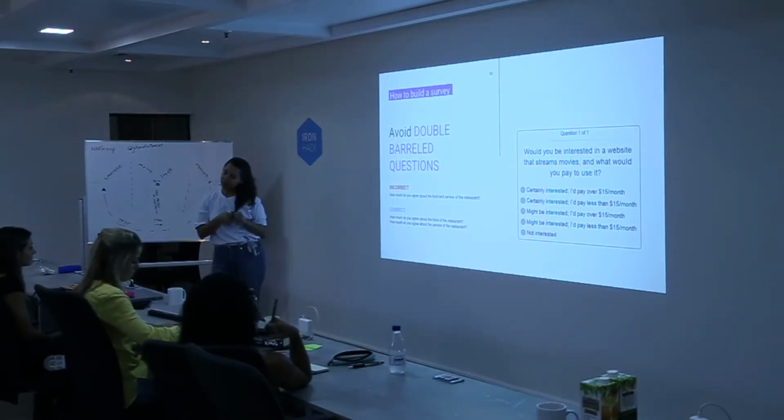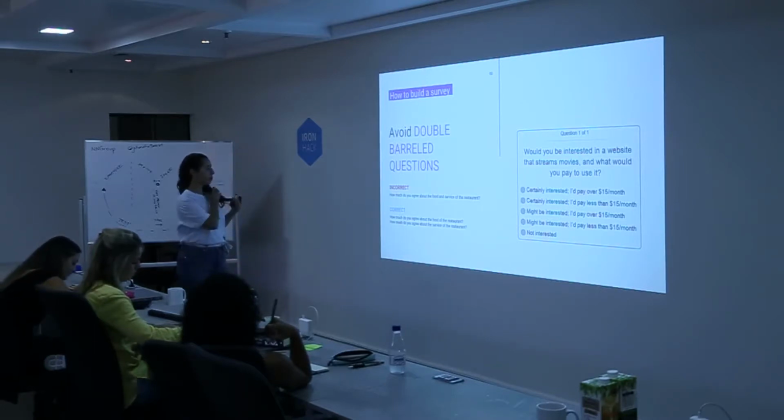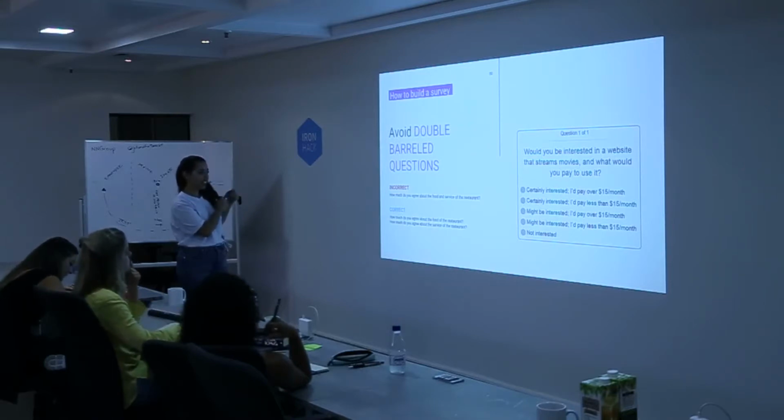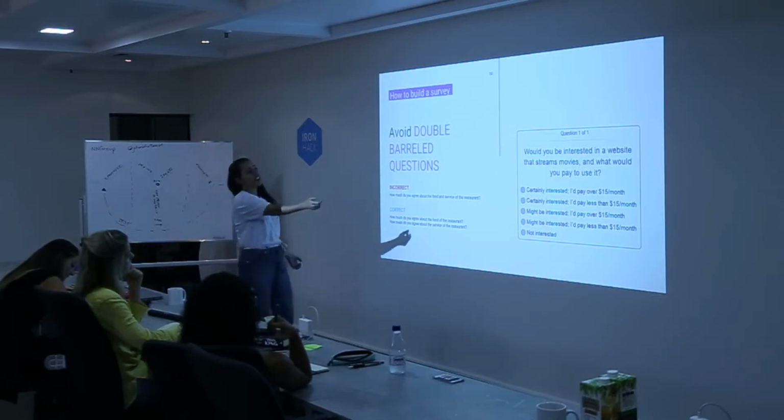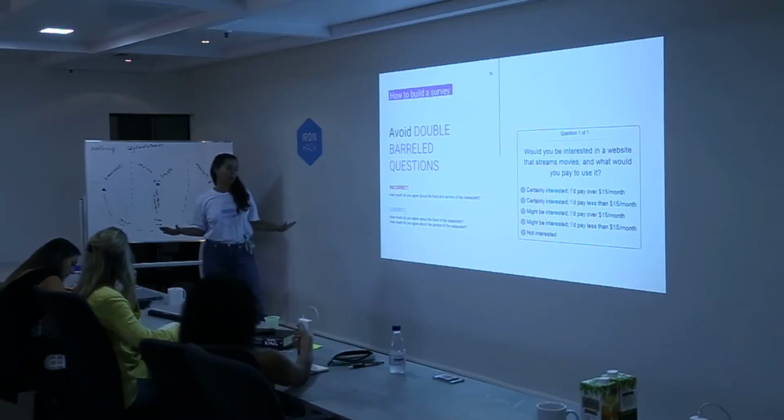Well, I like the color, but I don't like the taste. I can't answer your question. Or, would you be interested in a website that streams movies and what would you pay to use it? I'm interested, but I want it for free. Oh, my brain is exploding. Please don't do that to me. So, watch out.